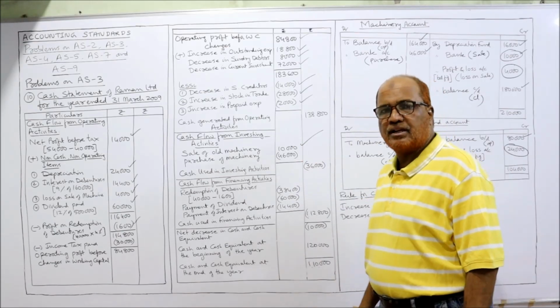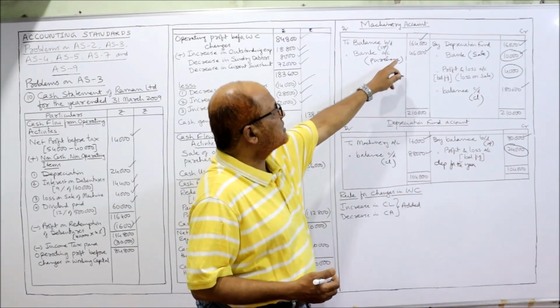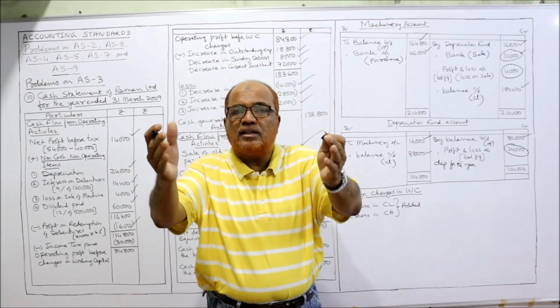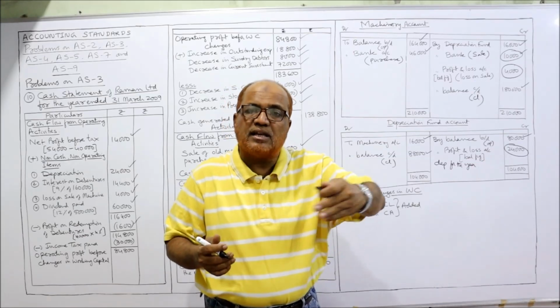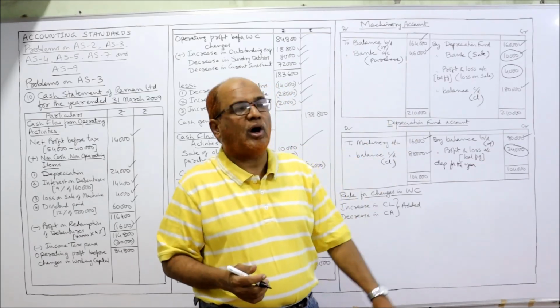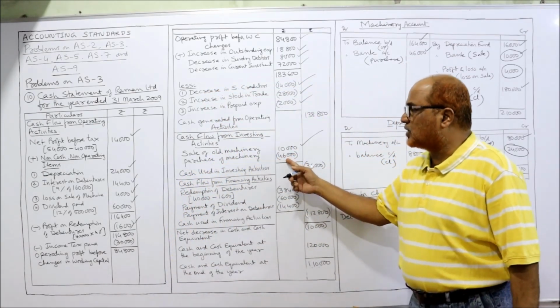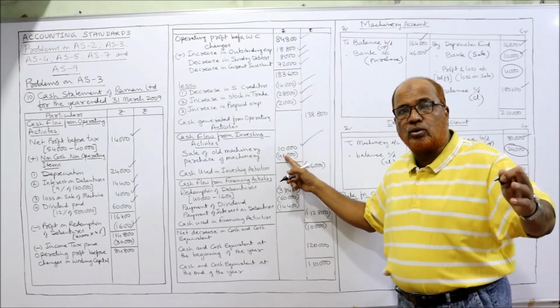Positive. Right? And purchase of machine. One machine was purchased, 46,000. So when there is a sale of machine, there is cash inflow. When there is purchase of machine, there is cash outflow. So how much are we paying? 46,000. So here minus 46. Purchase of machinery minus 46, because money is going out.